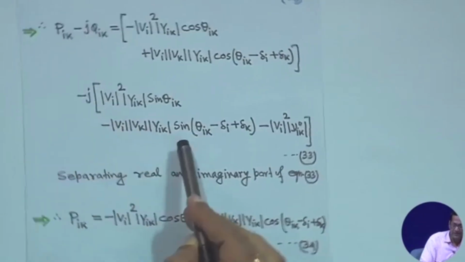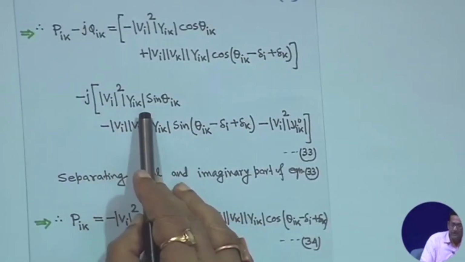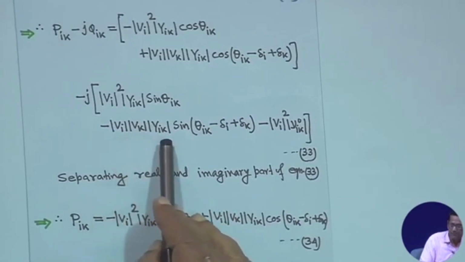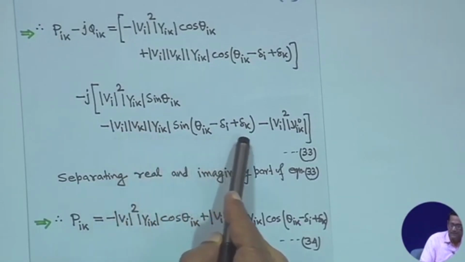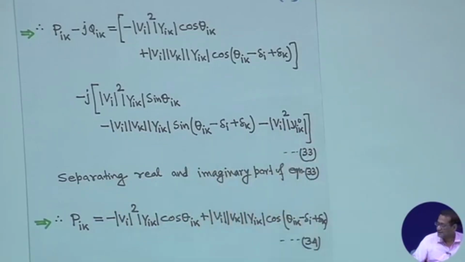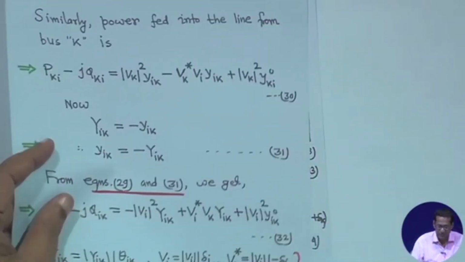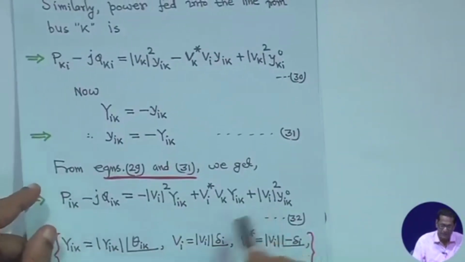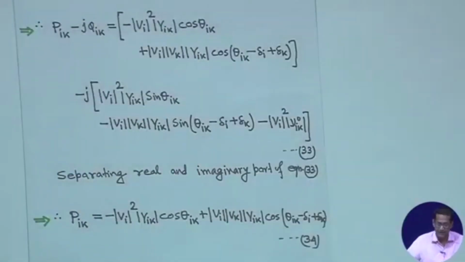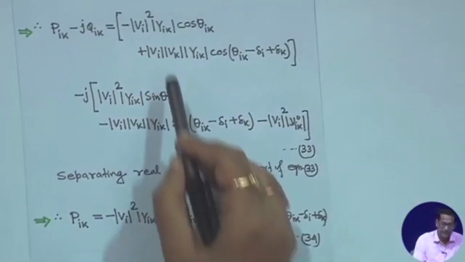Minus j in bracket, |V_i| square |y_ik| sin theta_ik minus |V_i||V_k||y_ik| sin(theta_ik minus delta_i plus delta_k) minus |V_i| square |y_ik0|. That means you substitute all in this equation and make the real and imaginary parts separately. So this is the equation.